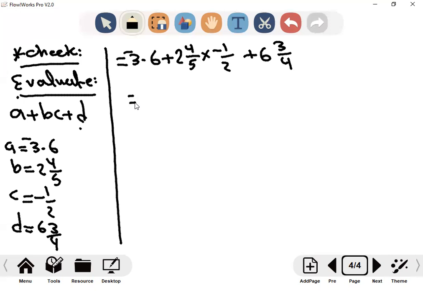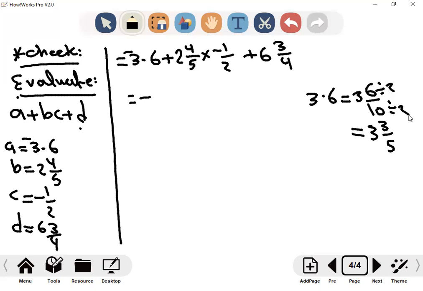Now, all of them are fractions and mixed numbers except the 3.6. Let's turn it to a fraction. The negative stays negative. 3.6 is 3 and 6 over 10, which means 3 and 3 over 5, dividing by 2.